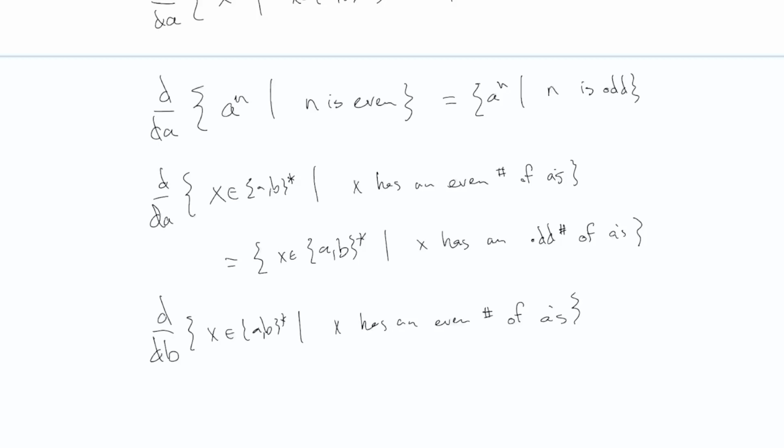Derivative with respect to B means you delete a B at the beginning if it exists. I think you will just get the same set again. If it has a B at the beginning, you throw it away, but you still end up with an even number of A's in the string. And if it has an A at the beginning, then you throw away the entire string. This is equal to the same set again.